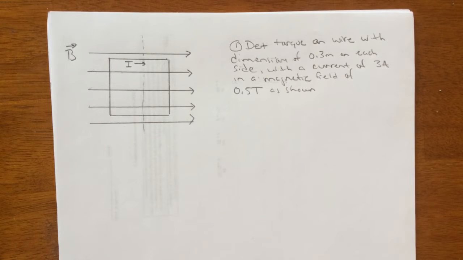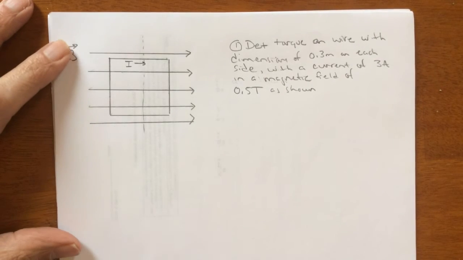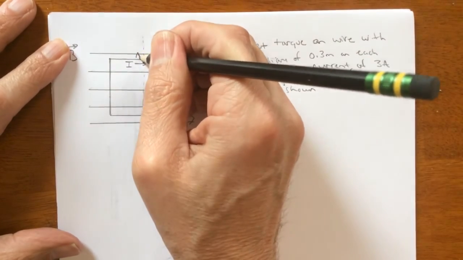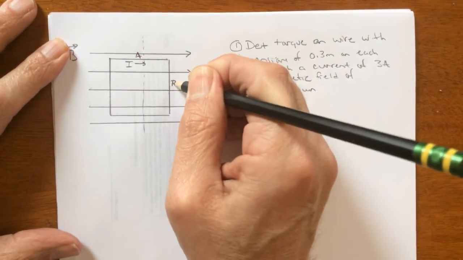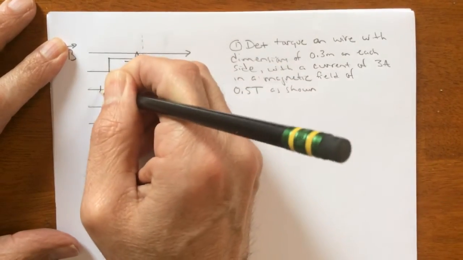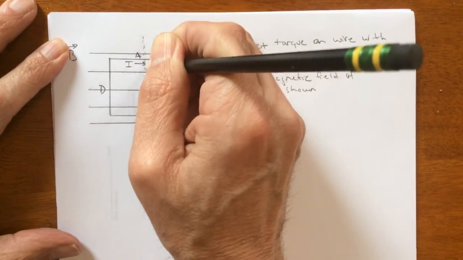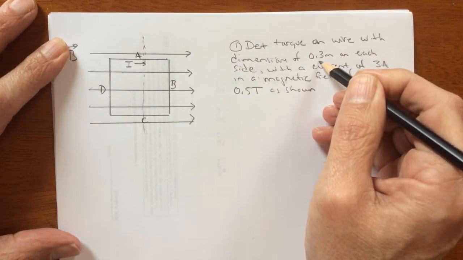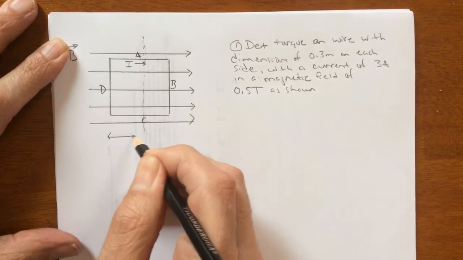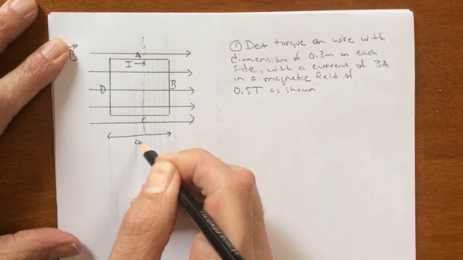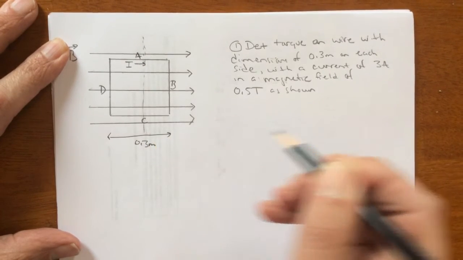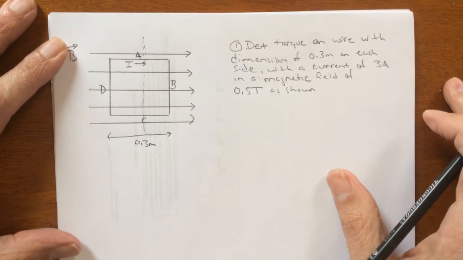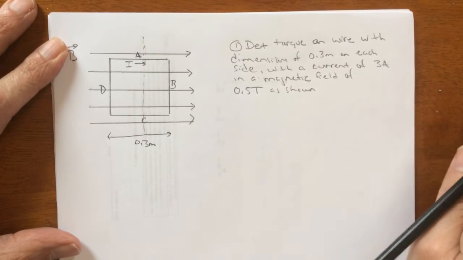Let's label our wire segments A, B, C, and D, with this dashed line being the center between. The example I'm going to use has a dimension of 0.3 meters on a side. We've got a current of 3 amps, and it's in a magnetic field of 0.5 Tesla.